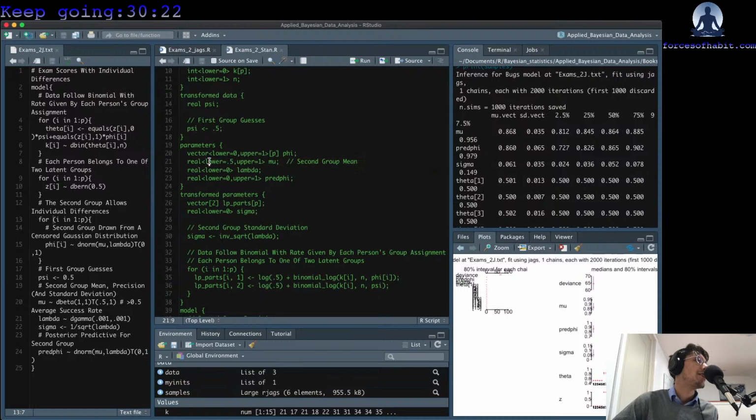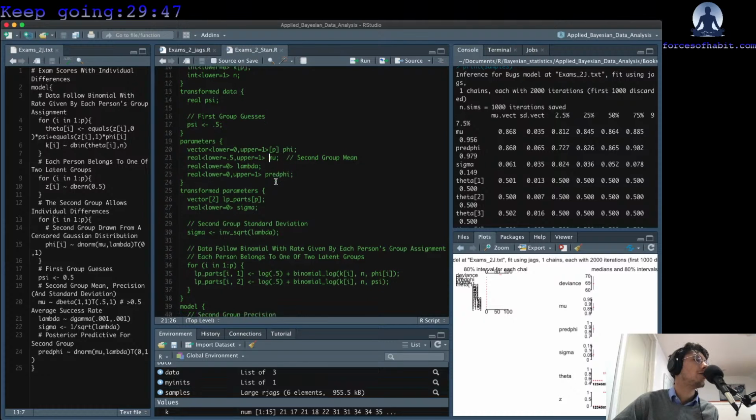So we specify the 0.5 to 1 because, as said before, we want to do this truncation or interval. And then we have lambda of 0. And then we have a pre-phi, which is also between 0 and 1. So pre-phi can be anything, and that's going to be reflective of how accurate our posterior predictive estimate is of mu, of the distribution of success rates for the knowledgeable group.